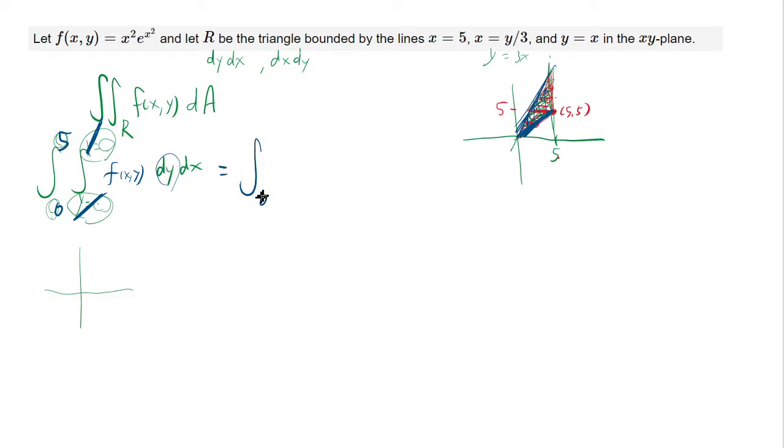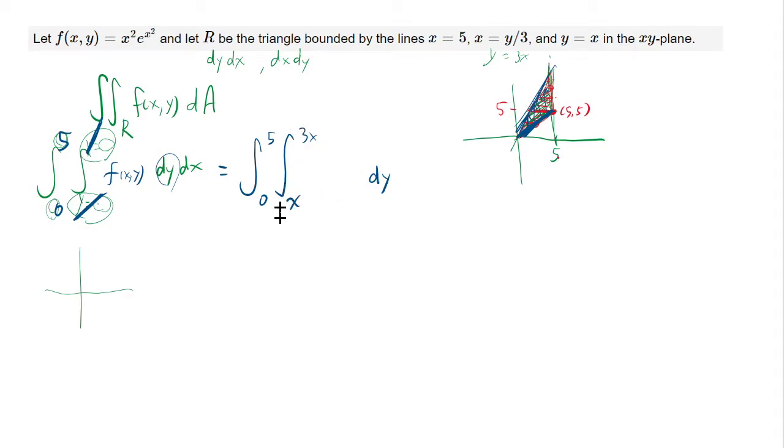Let's write down exactly what I mean. This curve has the equation y equals x, and this one has the equation y equals 3x. You don't have to write y equals, you can just write x and 3x, because if you put dy here, anything you write is really y equals.